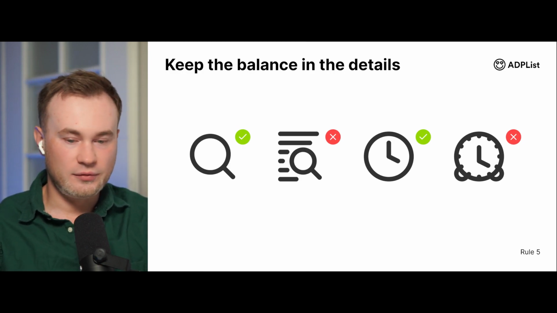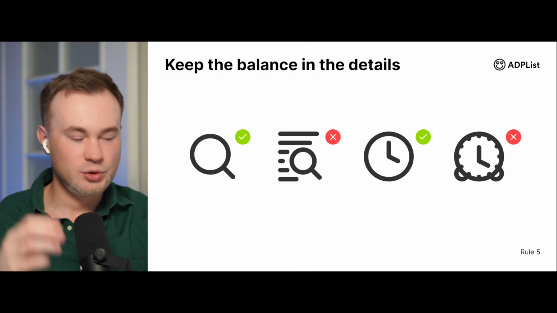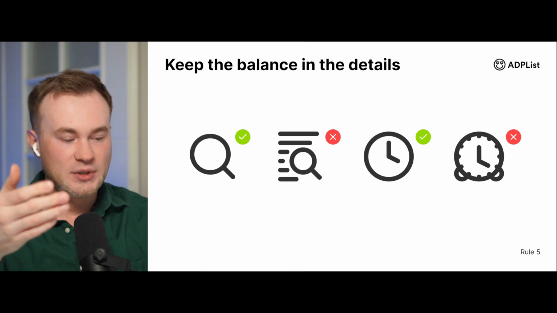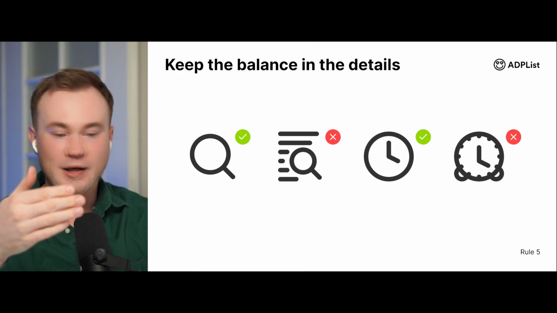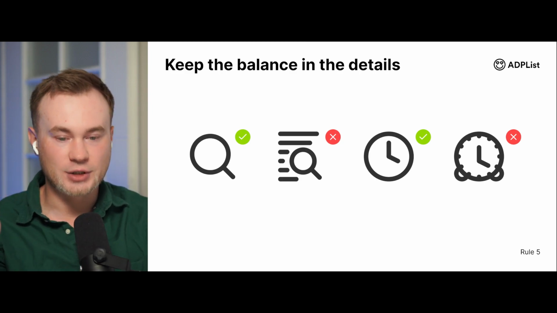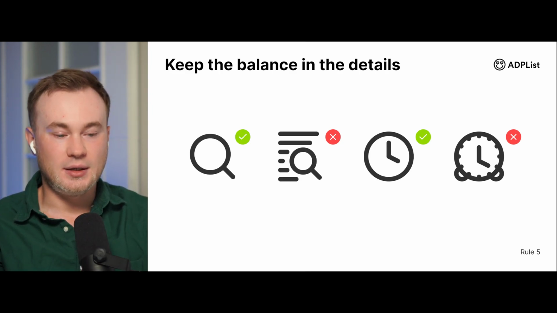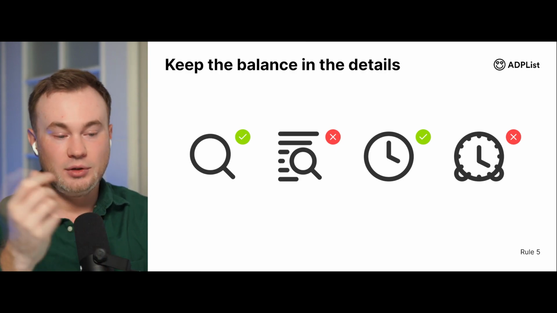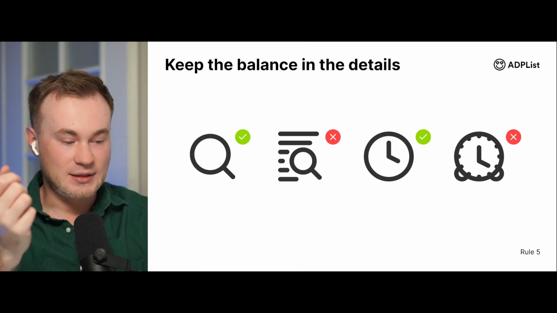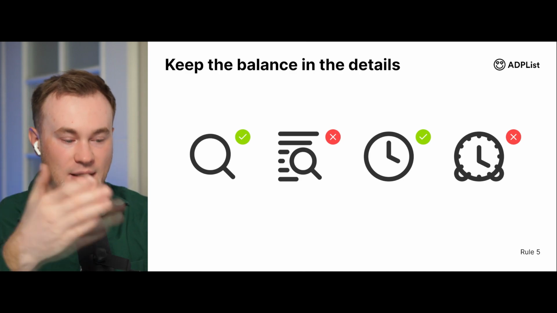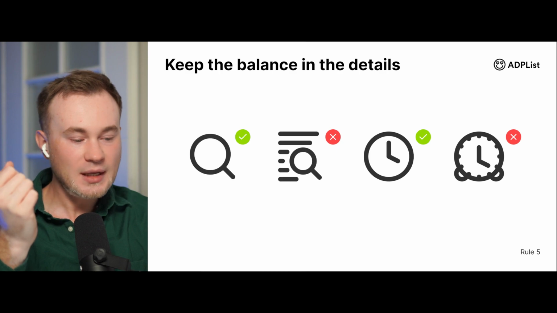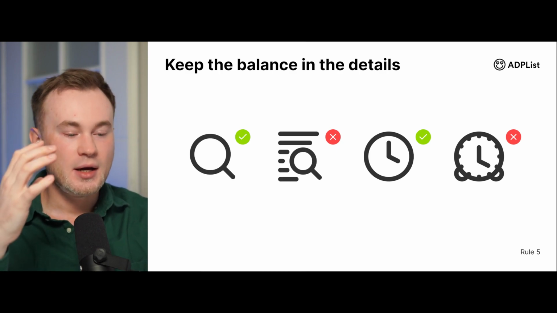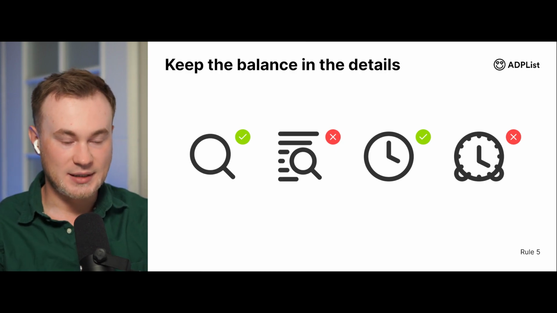They consist of a lot of details that you don't need to recognize the icon. If you put this icon on an interface, for example, in the tab bar of your application, you will see that it's too heavy for it. For example, icon number 2, you definitely can recognize that it's an icon for search, as the first one, but the first one has a lot of air and is not as heavy as the second one.